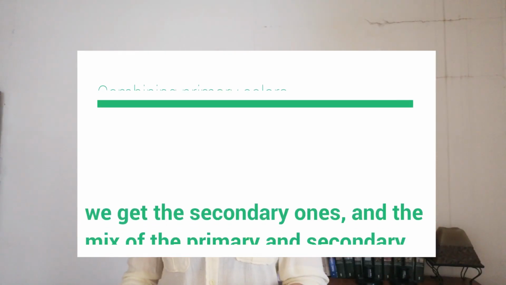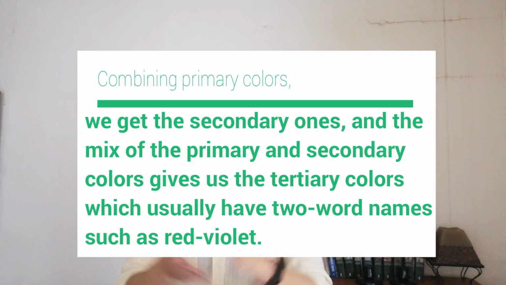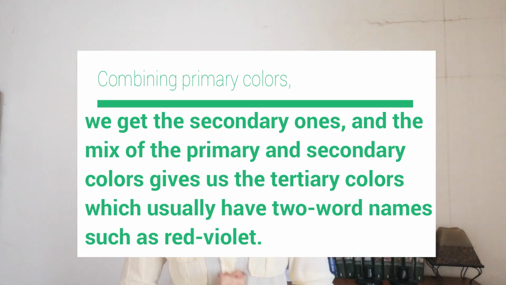The primary are those three pigment colors that cannot be formed by any combination of other colors. Combining primary colors, we get the secondary ones, and the mix of primary and secondary colors gives us, you guessed it, the tertiary colors, which usually have two-word names, such as red-violet.